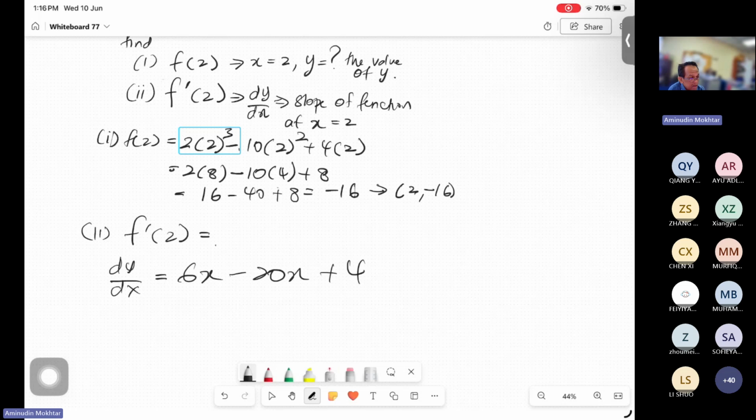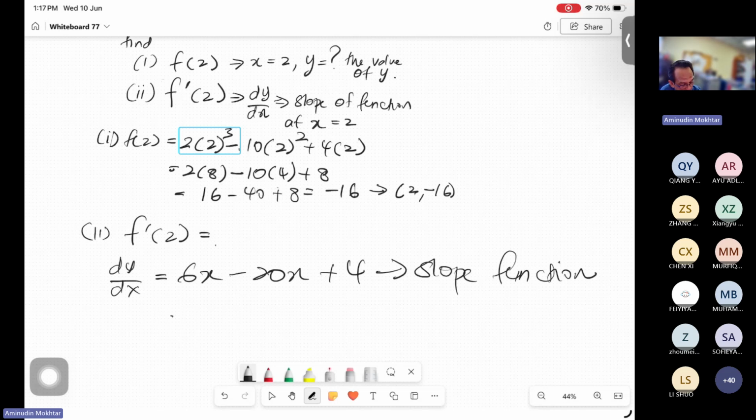This is also known as the slope function. f prime of x equals 6x squared minus 20x plus 4. f prime of 2 means we need to find the value of the slope when x equals 2.